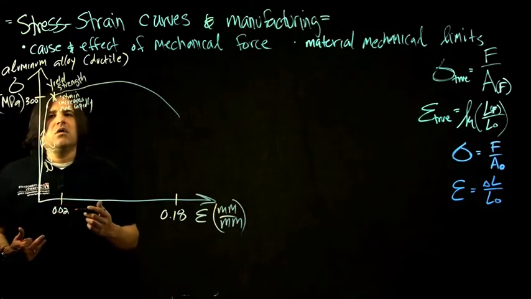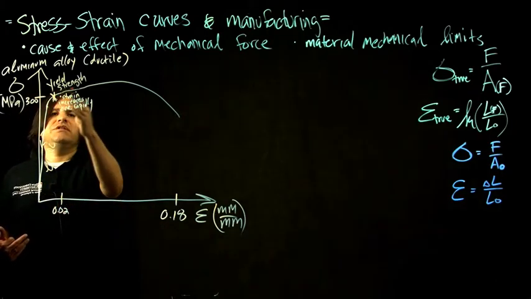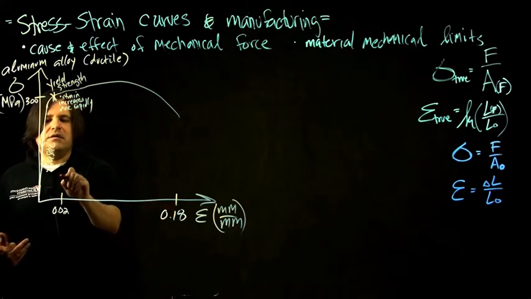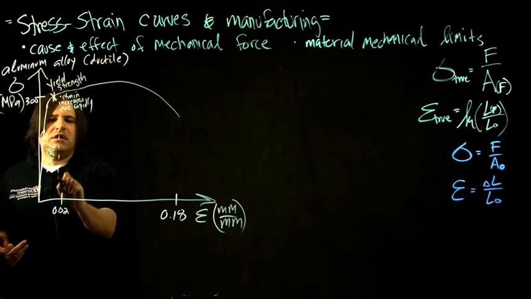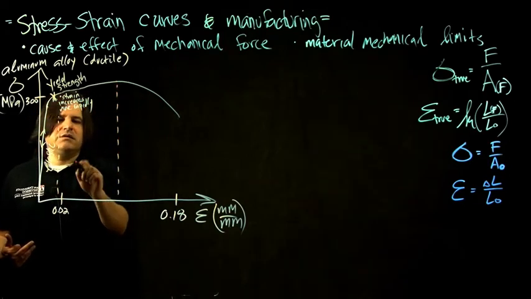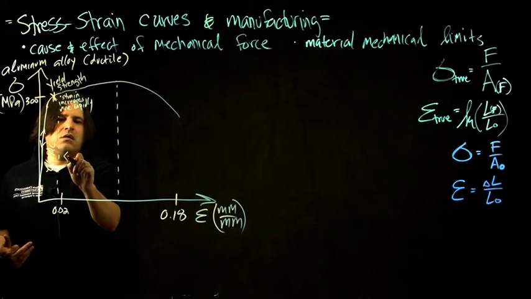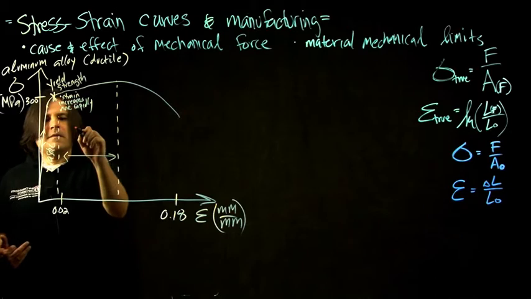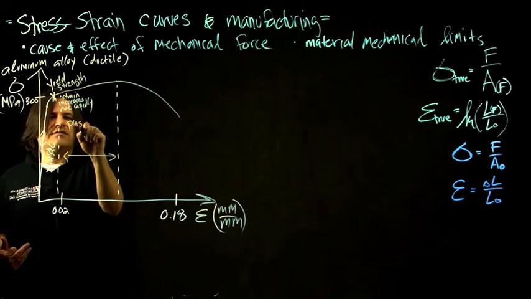Then, beyond this yield strength, the strain changes more rapidly, but on top of that, you also have a different regime of behavior. This is plastic deformation.